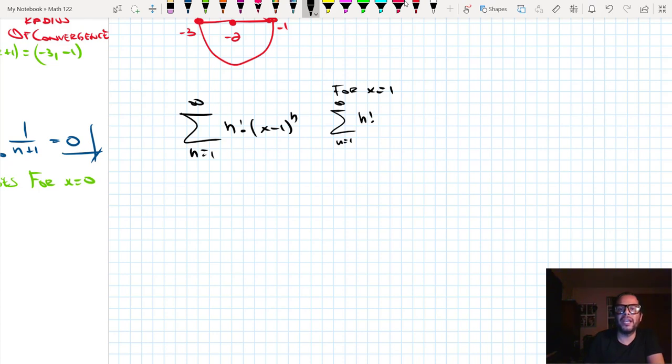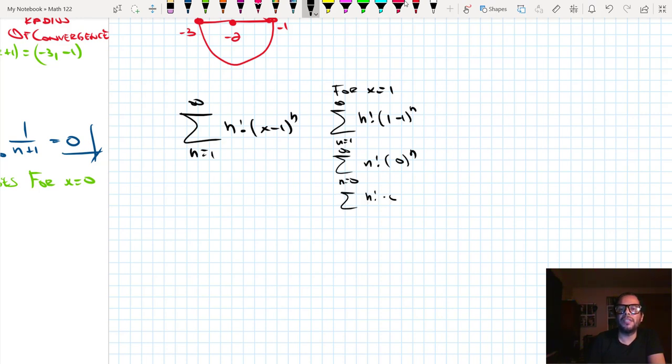Notice we're plugging in for x, not for n, and this is going to be 1 minus 1 to the nth power, which will be 0 to the nth power, which will be just 0.